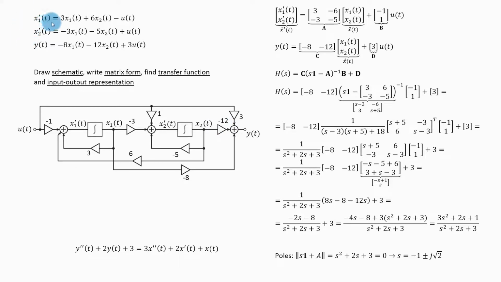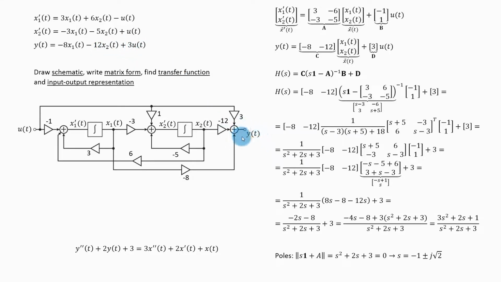The derivative of x1 is 3 times x1 plus 6 times x2 minus u. The derivative of x2 is minus 3 times x1 plus minus 5 times x2 plus u.